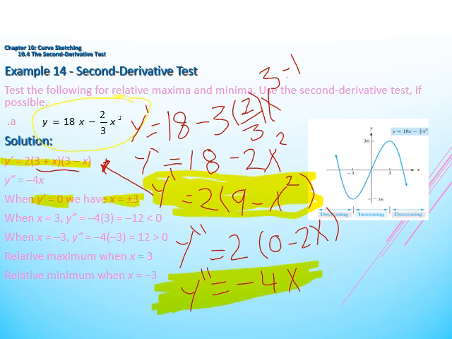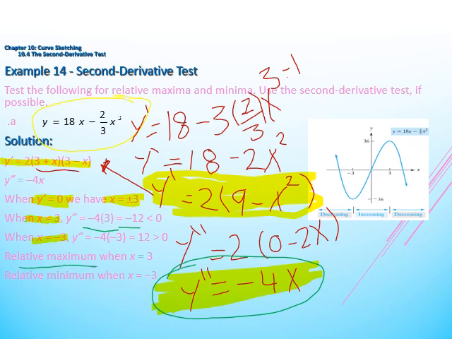And substituting with the two numbers in the second derivative test: if x equal to 3, y double dash will equal to 3 times negative 4, equal to negative 12, and negative 12 is less than 0.